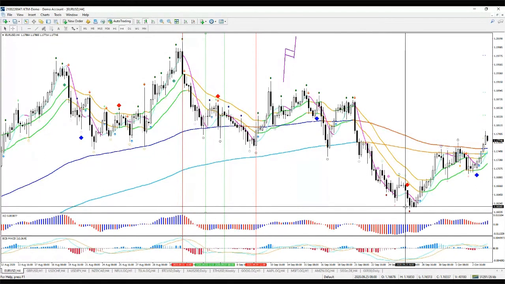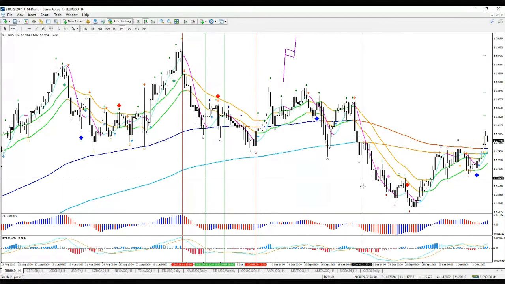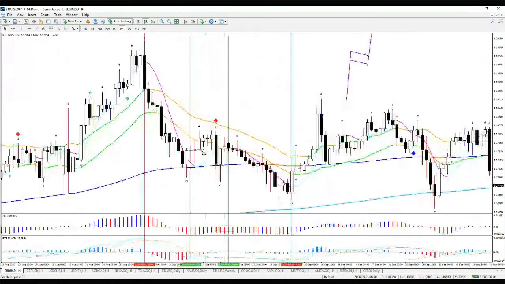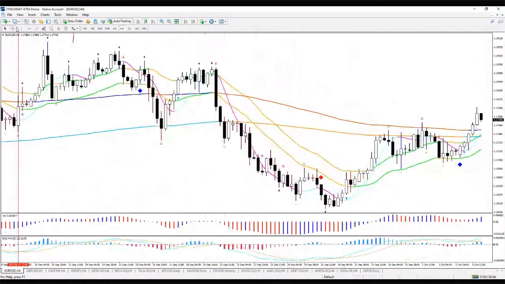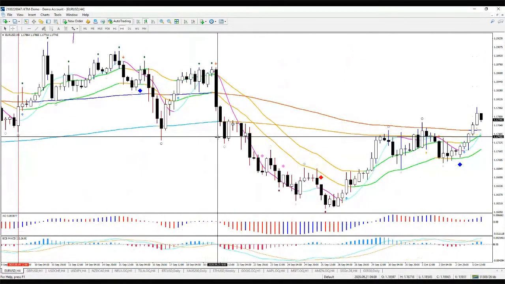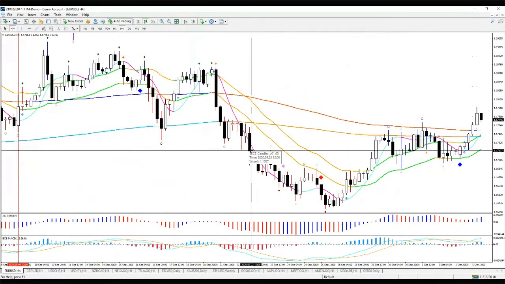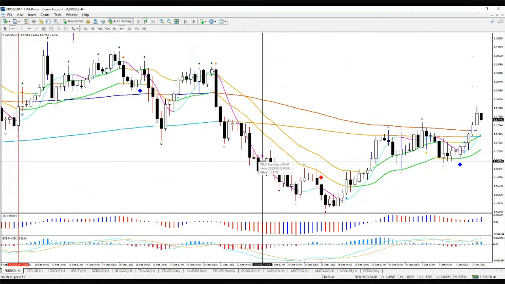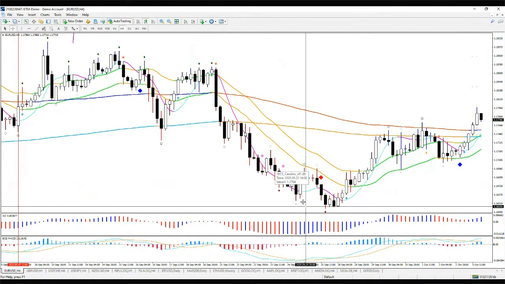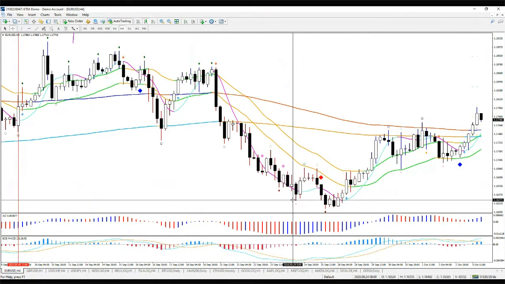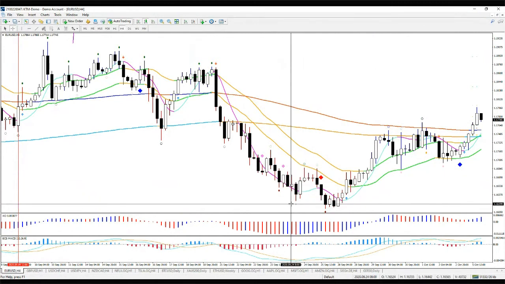When there's no candle low confirming the new continuation of the trend, then the swing is in danger of being completed. So here we have a candle low, candle low, candle low, no candle low, no, no, yes, no, yes, no, yes, yes, yes, no, yes. So not all candles have a low, but many do. That's important.